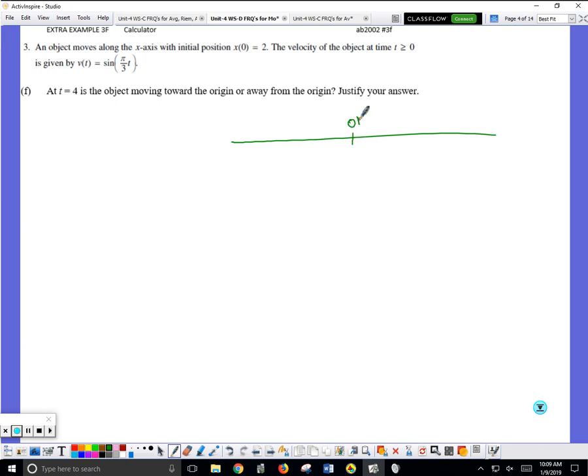Here's the origin in the middle. We know at time equal 4 the particle is moving left, but we don't know where the particle is at time equal 4. If the particle's here at time equal 4 moving left, it'll be going towards the origin. But if the particle is here at time equal 4 and moving left, it will be moving away from the origin. Wave if you'd like me to do that again.